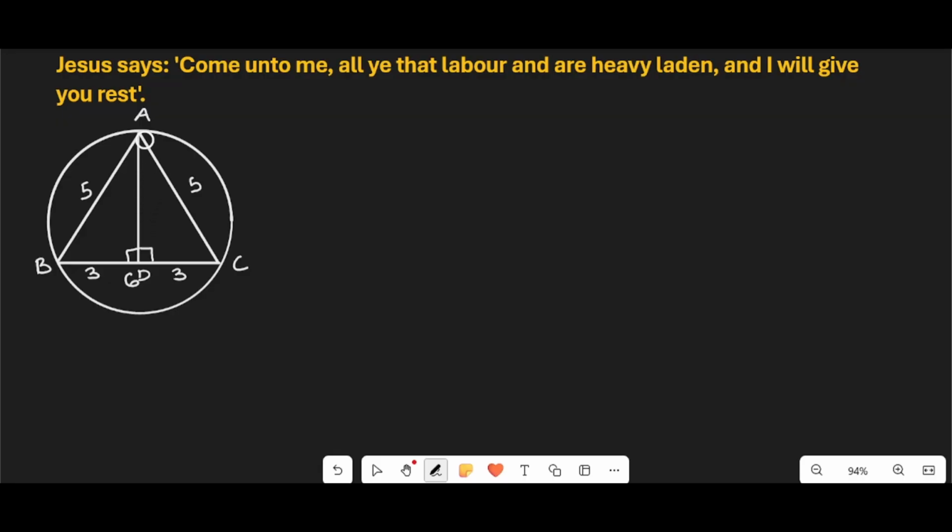So let us find the length of AD. Since our triangle is a right angle triangle, we can use the Pythagorean theorem, which says AD squared plus 3 squared equals 5 squared. AD squared plus 9 equals 25.